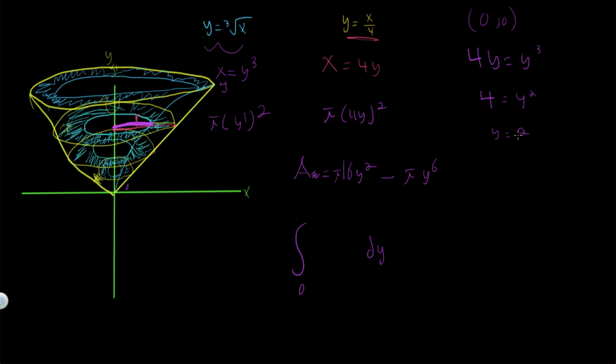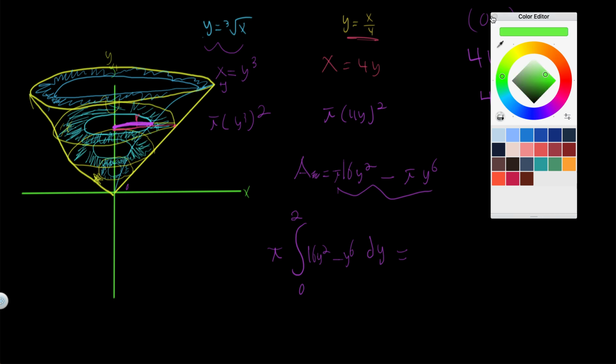In this case, we want positive 2. So our bound for the integral is from 0 to 2. And our infinitesimally small areas that we want to find are this right here: pi times 16y squared minus y to the sixth. So now we have our integral set up. Let's just evaluate the integral.